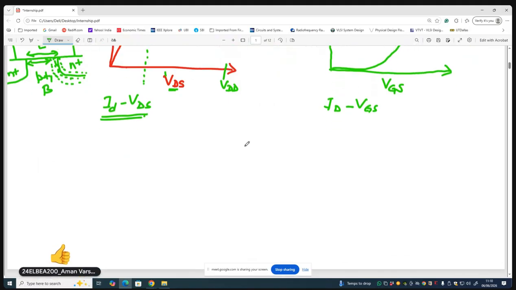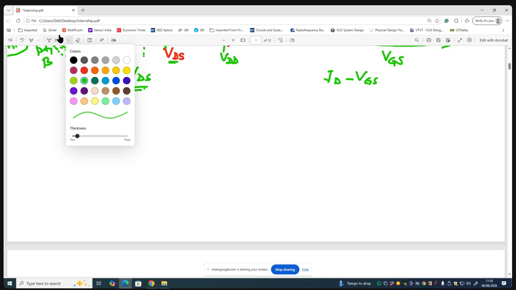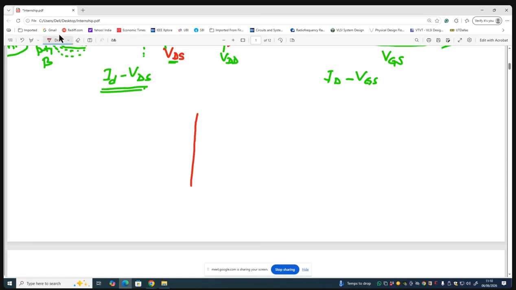So now we have the ID-VDS characteristic. To understand this ID-VDS characteristic is very important, because it gives us intuition about where to bias the transistor.